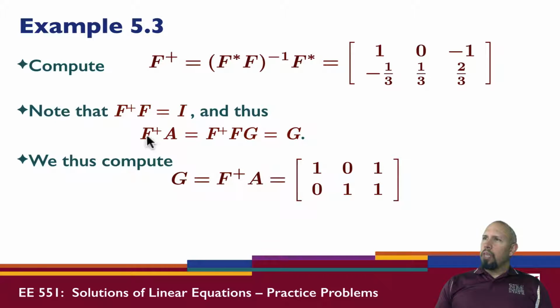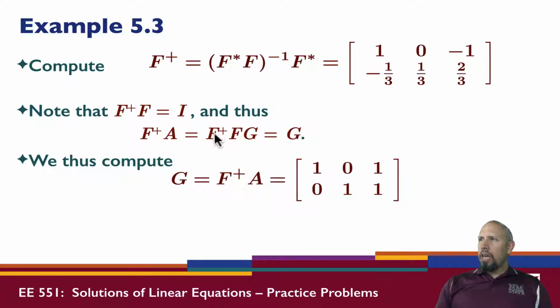Thus, when we take F pseudo-inverse times A, where A is equal to F times G, we don't know what G is yet. But I know what F is, I know what A is, I know what F pseudo-inverse is, so I can compute this.